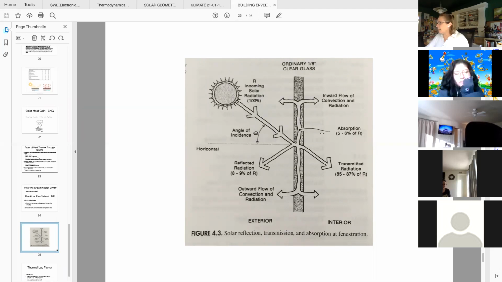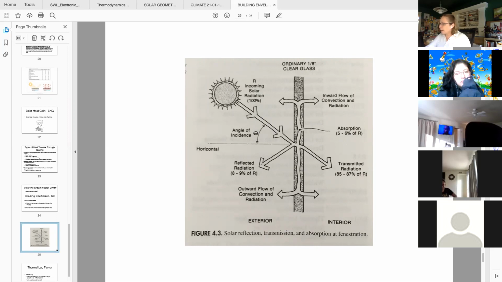Some heat gain is going to be absorbed by the glass, and what is absorbed is either going to migrate towards the inside or towards the outside, dependent on what the temperatures are on either side.